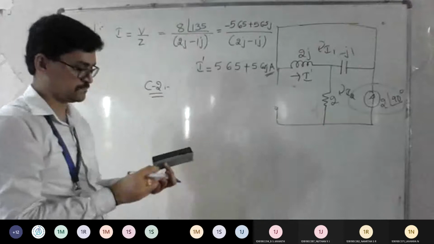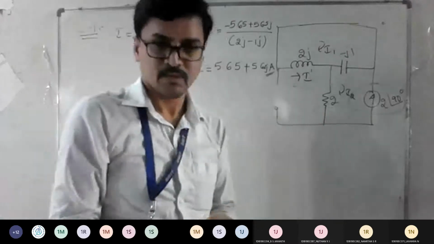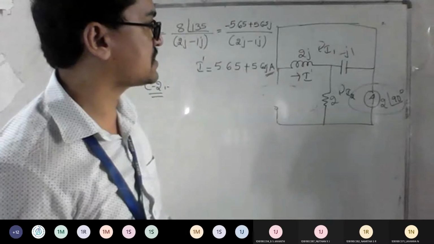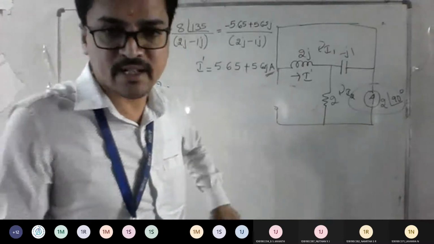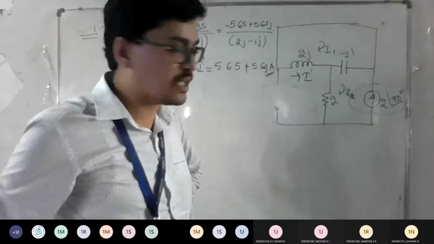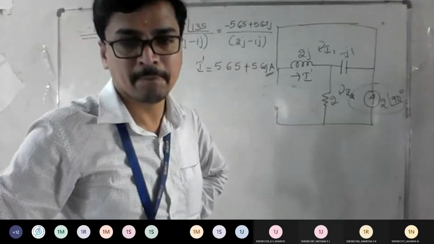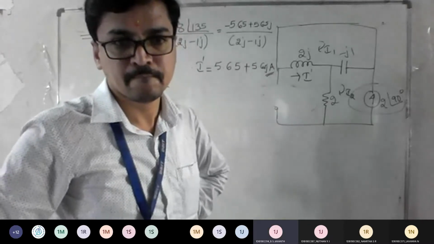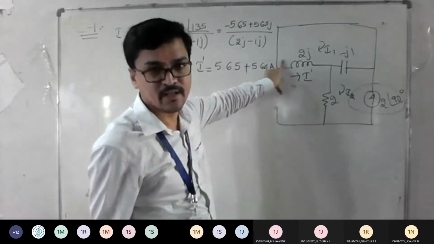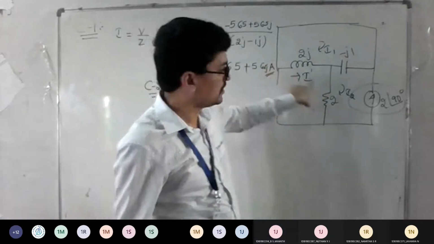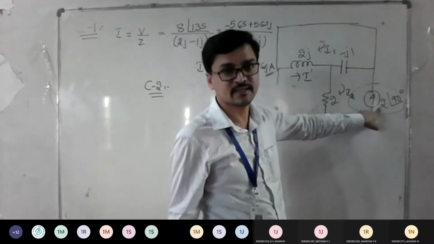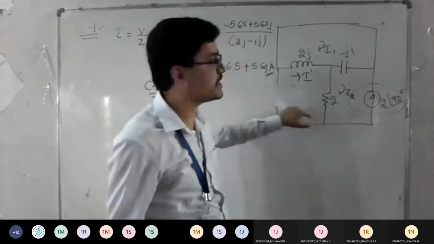So apply case 2 and get me the answer, everyone. Solve case 2 and tell me the answer. Whether you want to apply mesh analysis or the branch current rule, whichever you feel comfortable with, go with that. Can I apply the branch current rule here? Yes, sir. The main current is what I want, right? Branch current is equal to main current, that is 2 at an angle 90 degrees, times the opposite resistor.